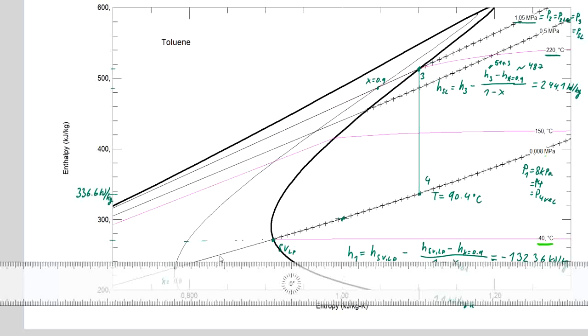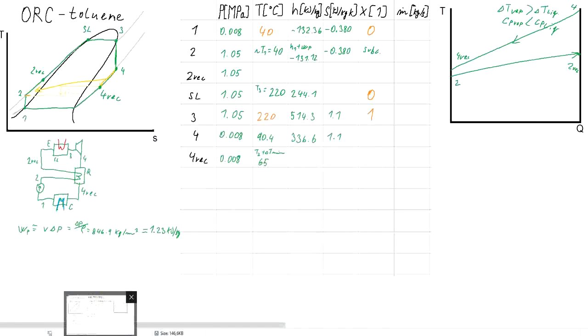So over here would be the point for recuperated.